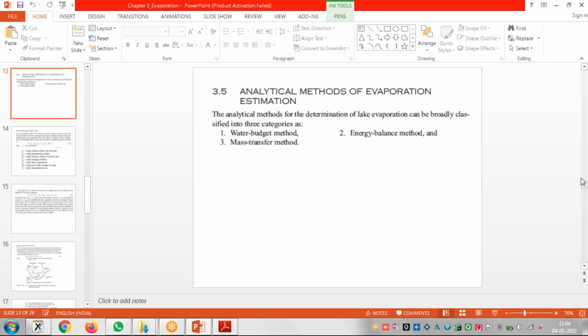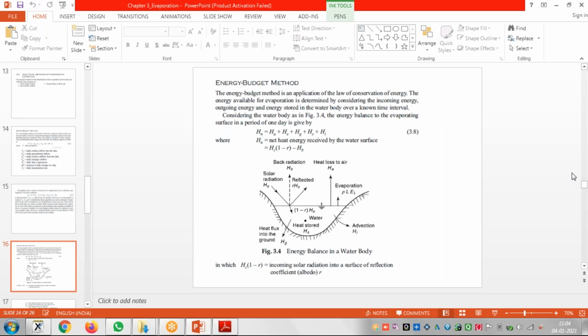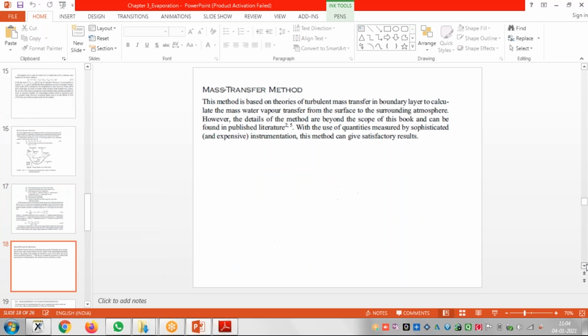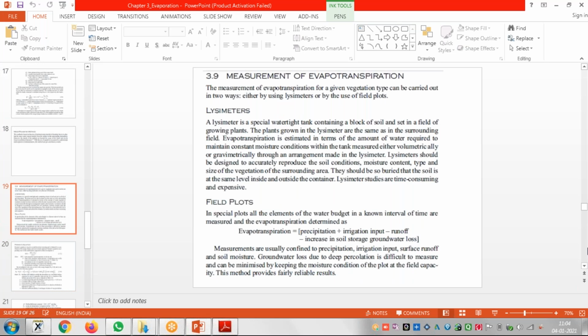Now another is the evaporimeter. An evaporimeter means some instrument through which we find the evaporation loss, right? We will see this method later.